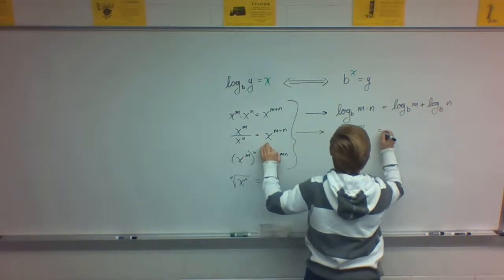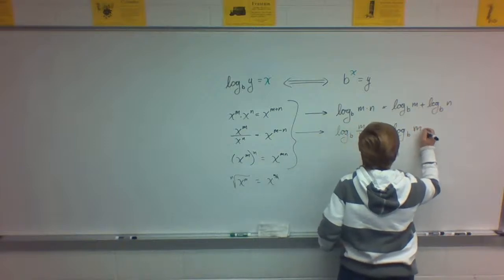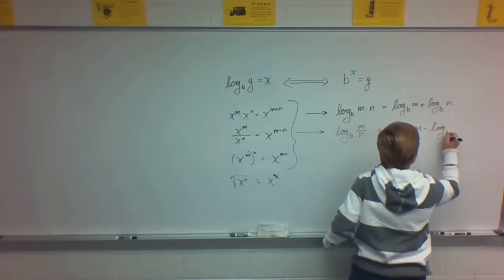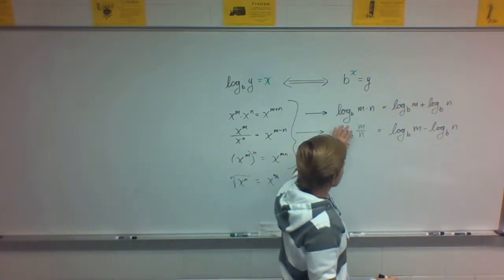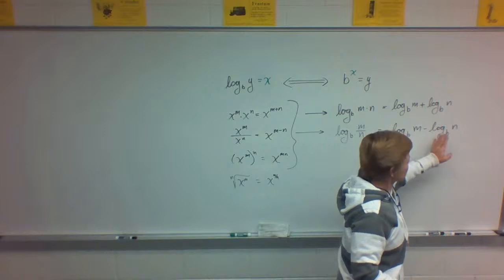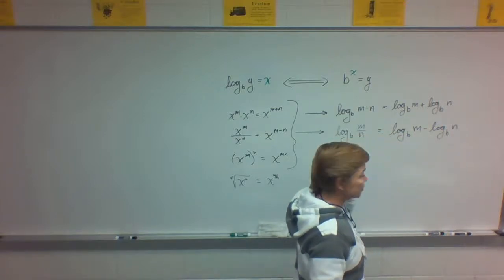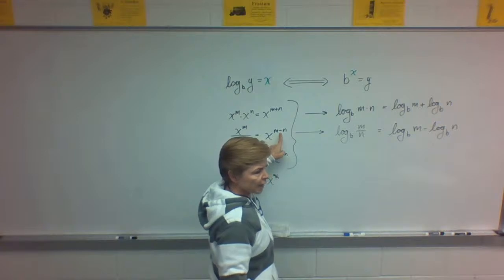A quotient becomes a difference of logs. If you have one log of a quotient, it becomes the difference of two logs. Because logs are exponents, they behave like exponents, and it became the subtraction of exponents. You see what's going on? How they're behaving in a similar way?